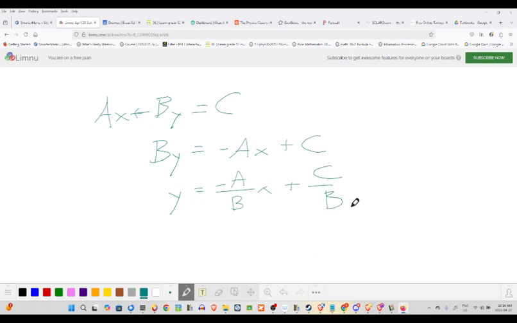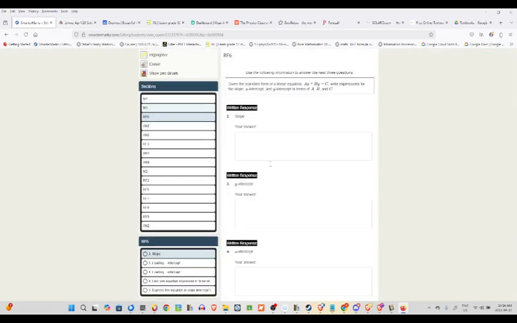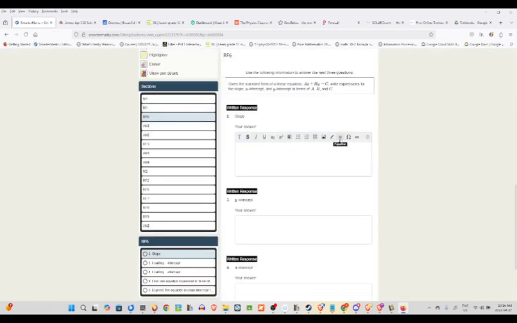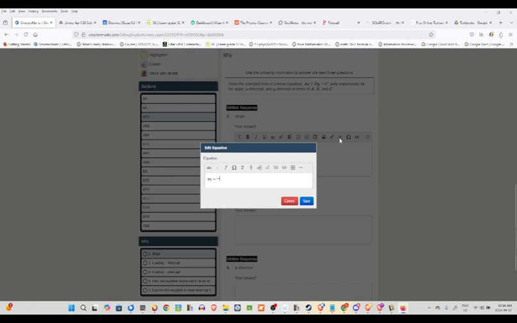We now have two of our answers. So our slope is negative a over b. I use the fraction keyboard command instead of the menu, but there we go.